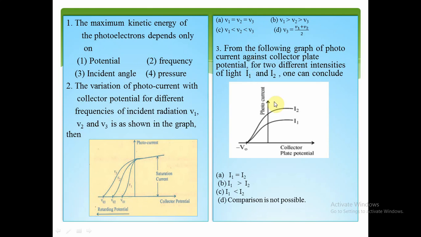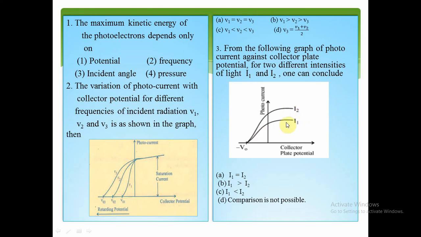Third one. From the following graph of the photocurrent against the collector plate potential for two different intensities of light, I1 and I2, one can conclude... That means he asked which of these is right. Here the saturation current is different, therefore their intensity is different.